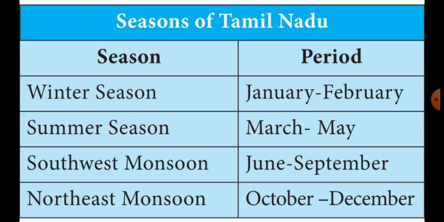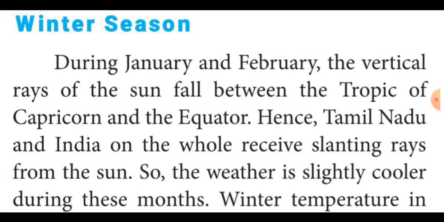Okay, students. Now I am going to explain each season one by one. The first one is the winter season. The winter season occurs during the months of January to February.